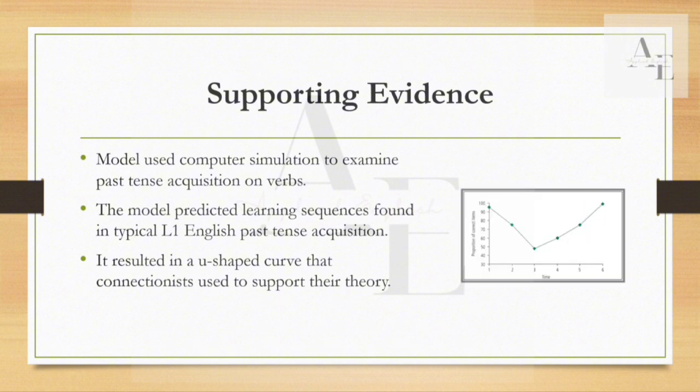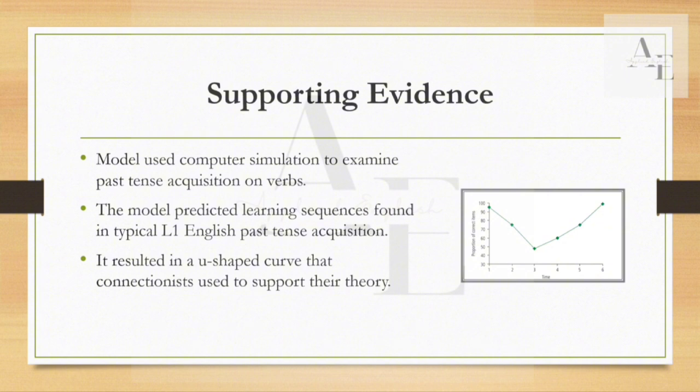They say that the child starts by using the correct form, which is go, went. After some time, they use the incorrect form, like goed, or sometimes wented, maybe. After some time, they go back to using the correct form.